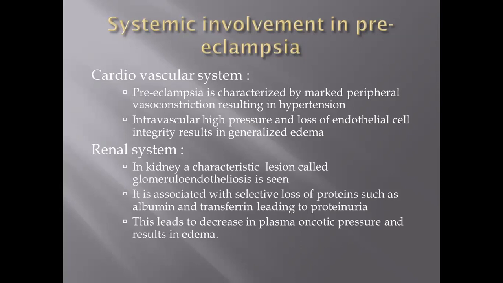This glomeruloendotheliosis is associated with impaired glomerular filtration and selective loss of proteins such as albumin and transferrin, leading to proteinuria. This loss of protein leads to a decrease in plasma oncotic pressure and exacerbates the development of edema.